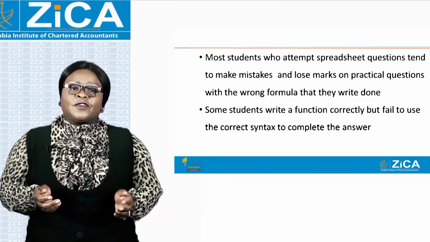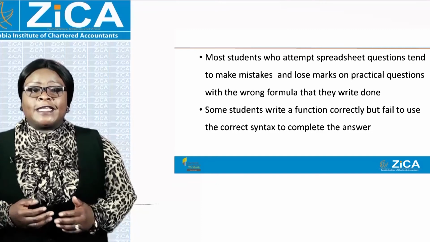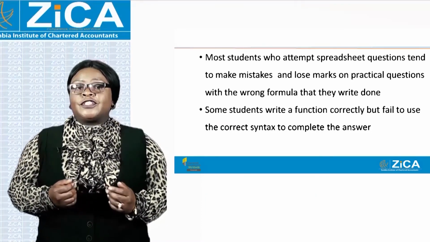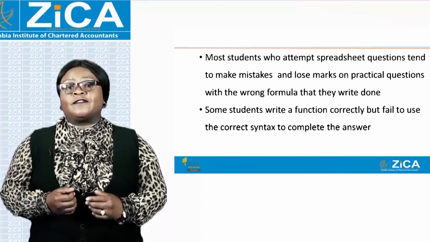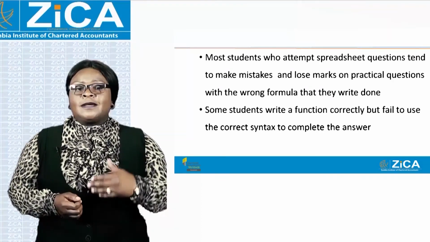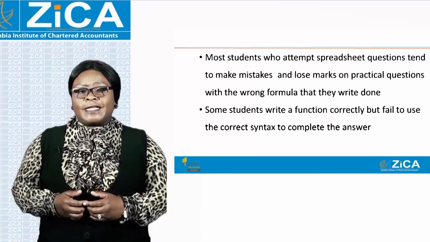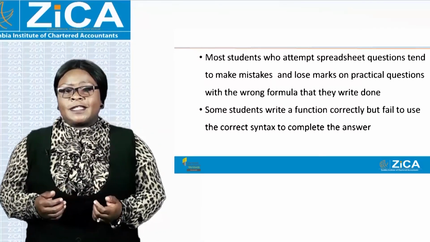Some students forget to start a formula with an equal sign. Some students fail to differentiate a formula from a function. Some students write a function correctly but fail to use the correct syntax to complete the answer.